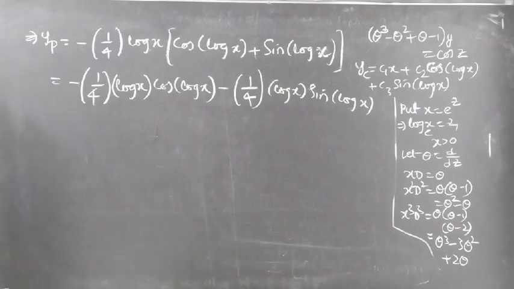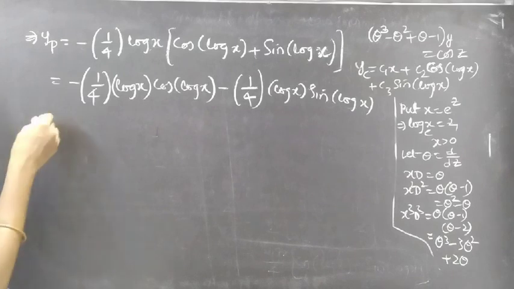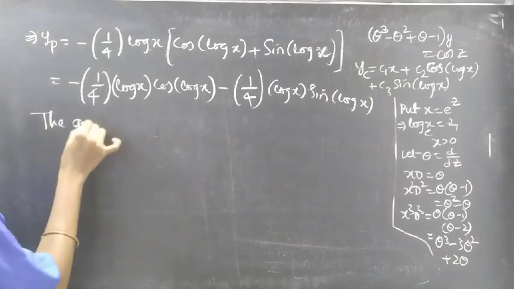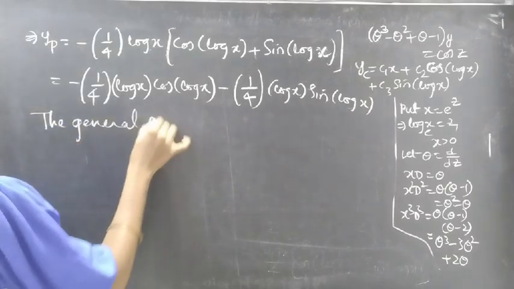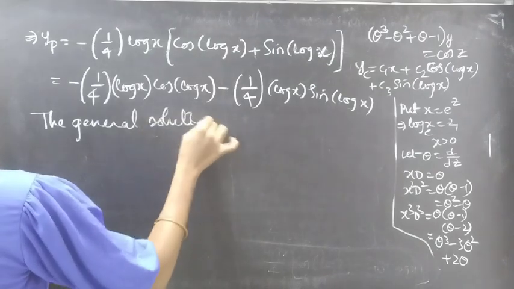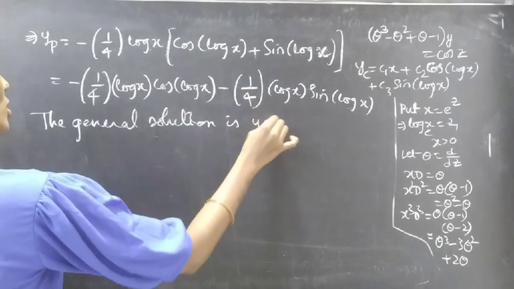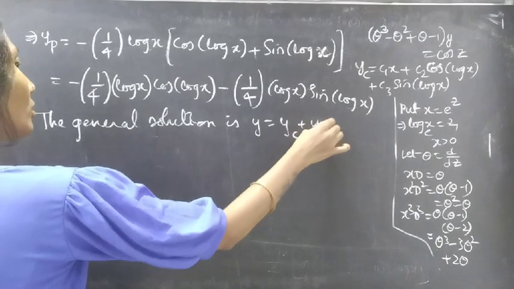We have y_c and y_p. Now let's write the general solution. The general solution is given by y equals y_c plus y_p.